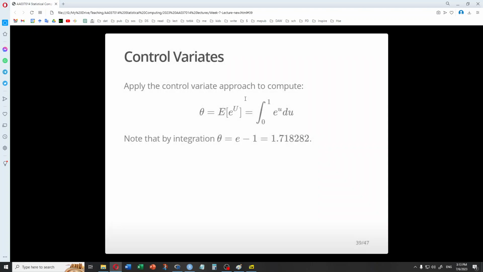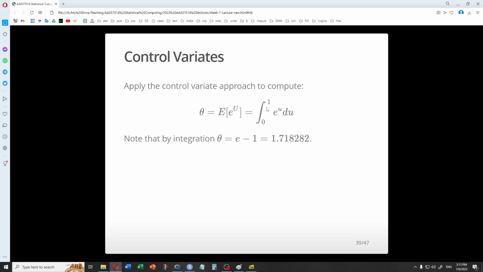Now let's look at this example. We want to apply the control variate approach to compute theta, where theta is given by the expected value of e^U, which is the integral of e^u du evaluated from 0 to 1.